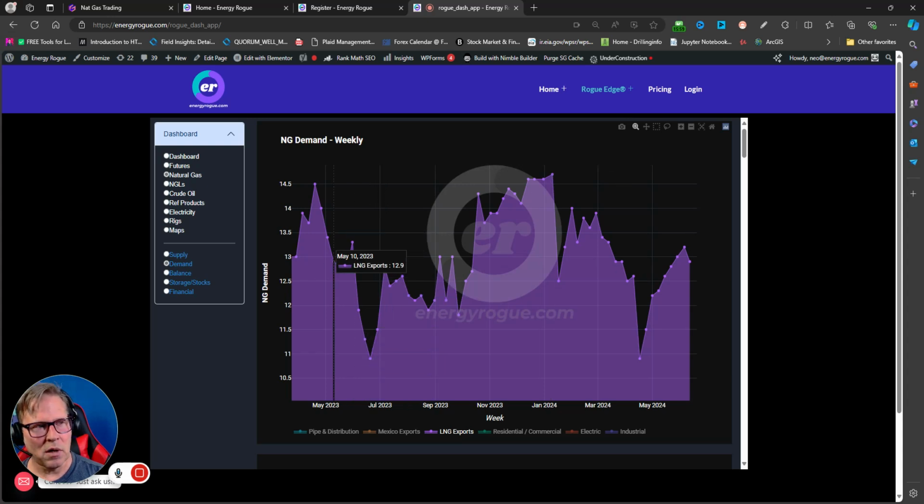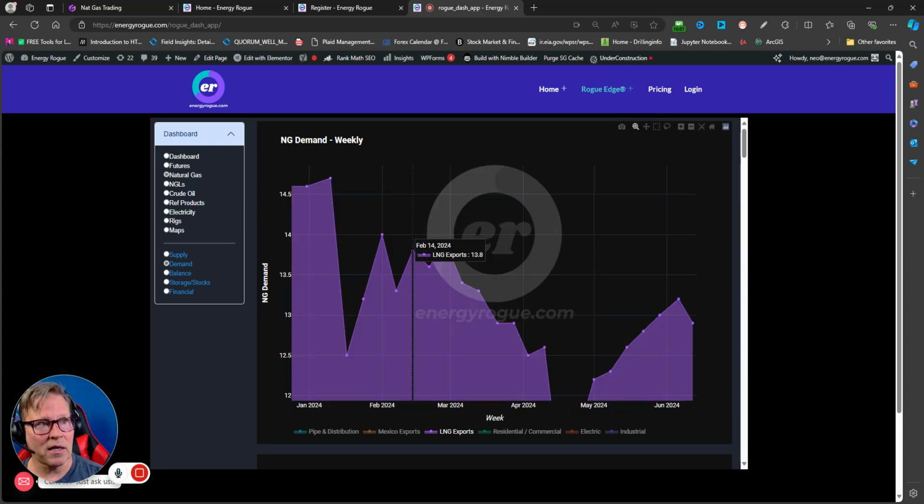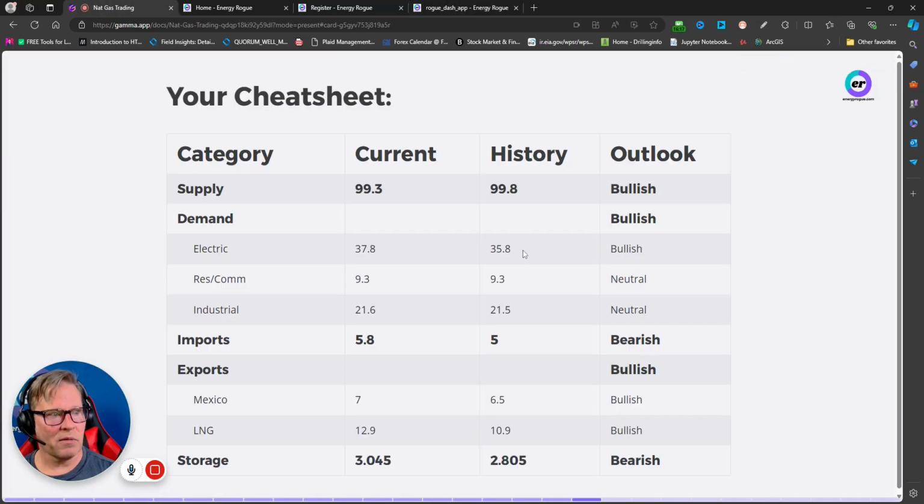Well, hold on. We aren't really that bearish, because if you come up with a different time frame like December or January, we were at 14.7. We're at 12.9. That is very, very bearish, because that decreases demand. So time horizon really matters. And the time horizon I chose was 1 year ago today. You can choose your time horizon. It might be versus last week, last month, last year, last 3 years.